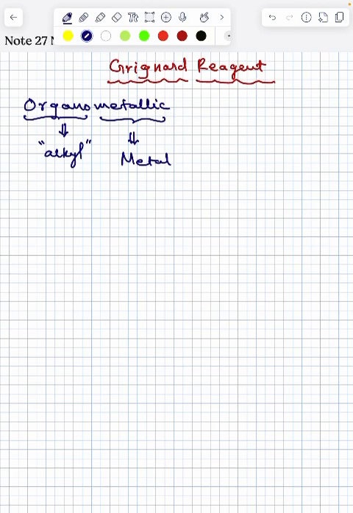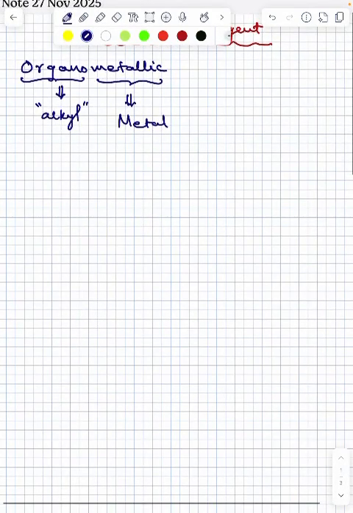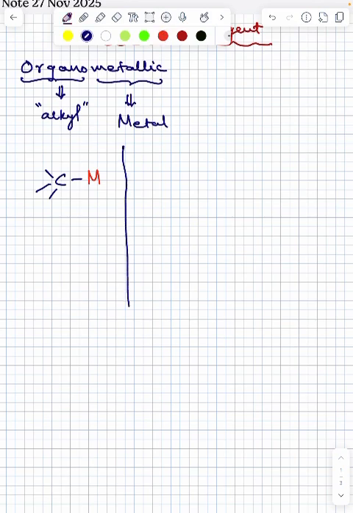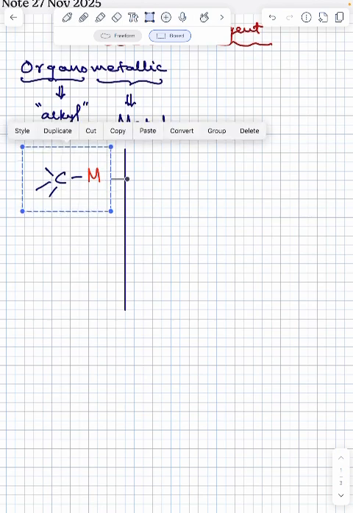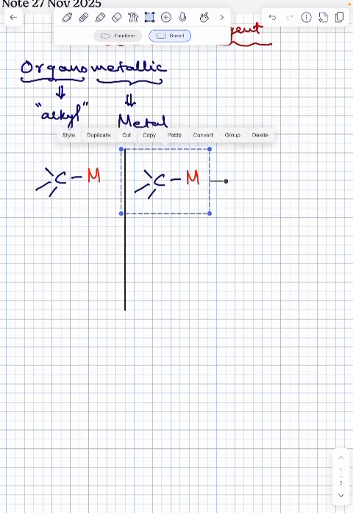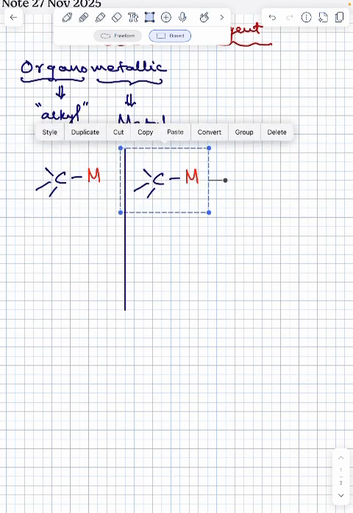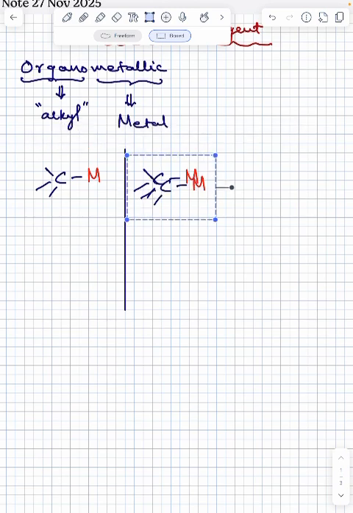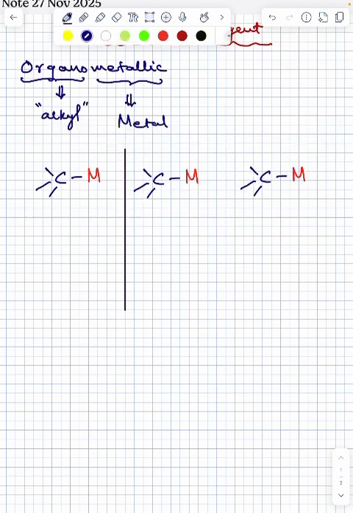So now if you categorize the organometallic compound, an alkyl group is attached with the metal, and here I want to categorize three important categories for explaining how the Grignard reagent is formed.